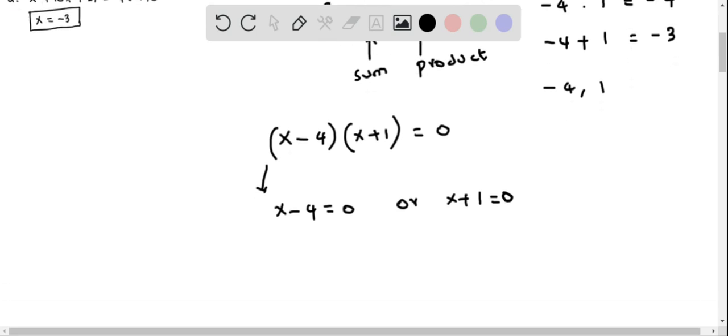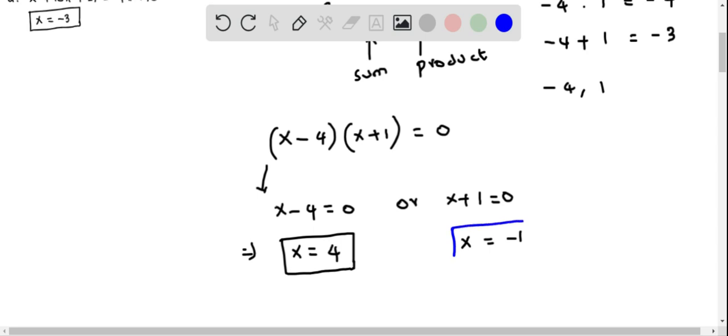Solving this, we get x equals 4 when we add 4 to both sides, and solving this, we get x equals negative 1. So the two values of x which satisfy the given equation are x equals 4 and x equals negative 1. These are the solutions of the given equation.